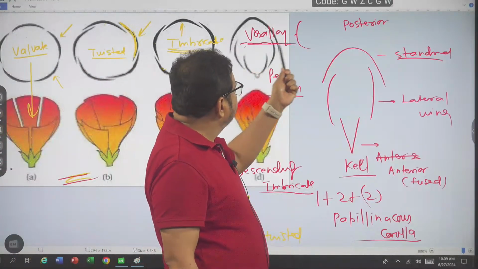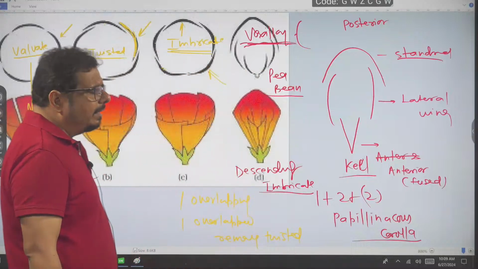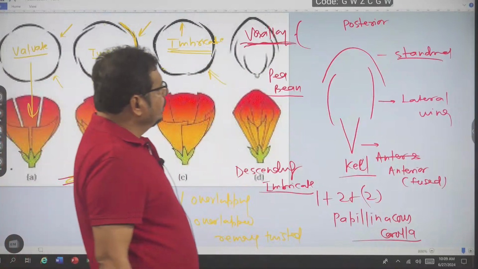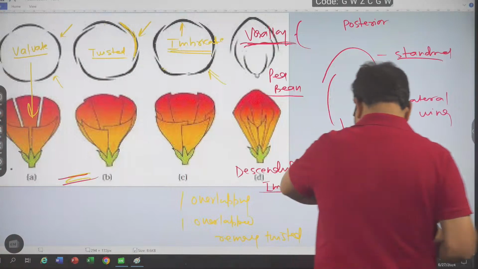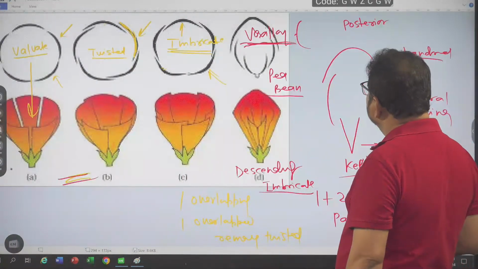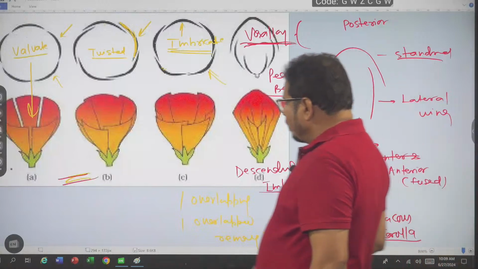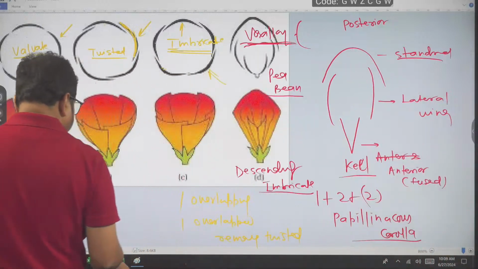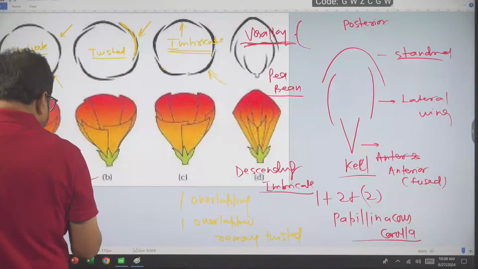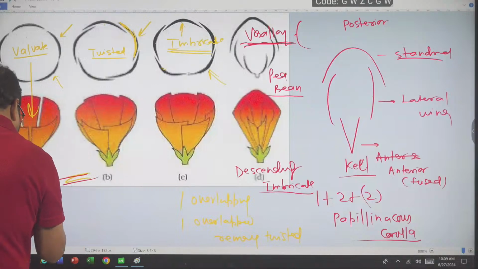And vexillary is basically one posterior standard, two lateral wings and two anterior keels.